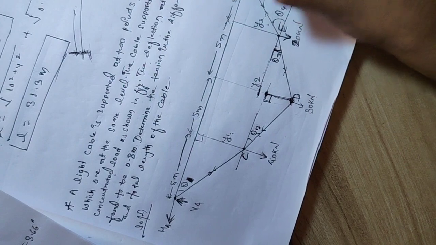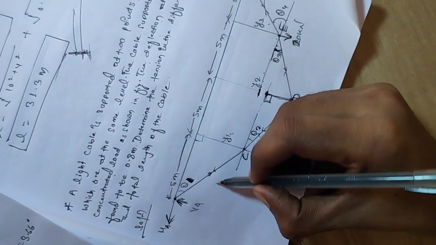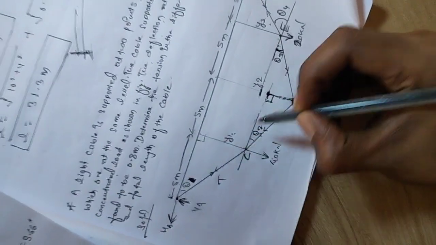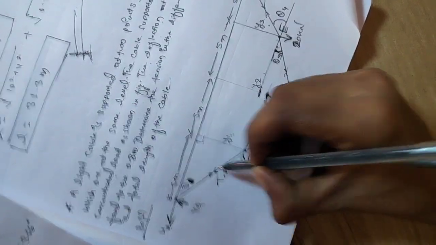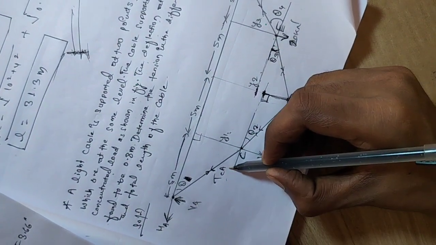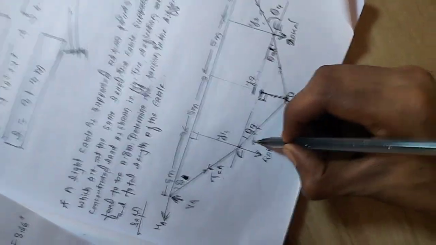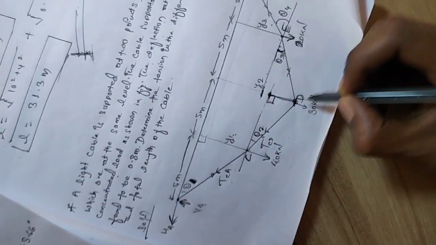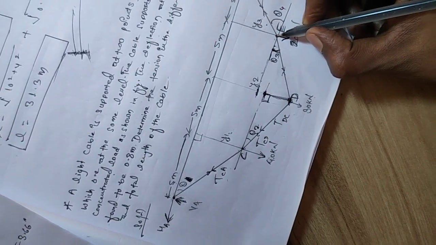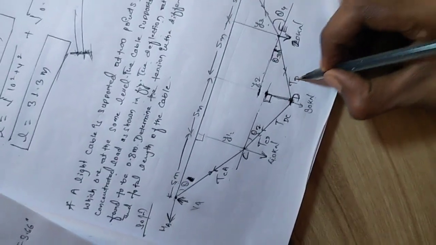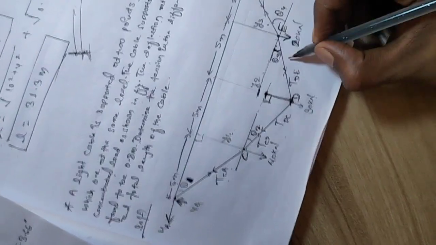Now we have to find the tension in the different segments. Let us take the tension in this segment as TCA. From C to A, we assume the tension TCA, and from C to D as TCD, and from D to C as TDC. Again on this cable we take the tension as TDE, from E to D as TED.